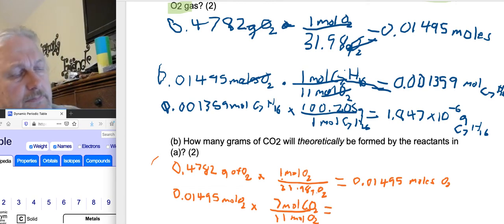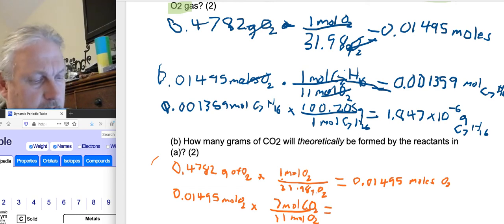So that's going to be 0.01495 times 7 divided by 11.